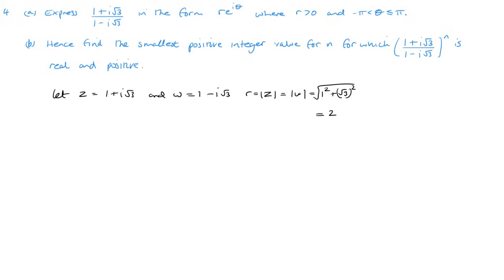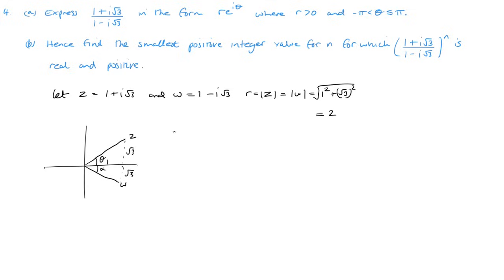Now, in terms of the angle, z is 1 plus root 3 and w is 1 minus root 3. So that's w, that's z. Okay. So if I call that theta and I'll call that one alpha.